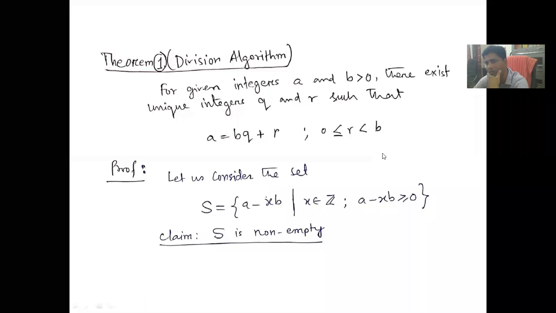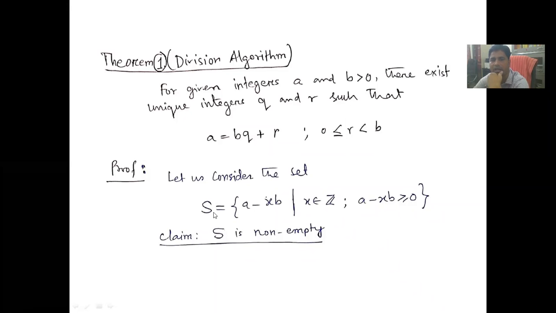So how will we prove this theorem? Let us consider the set S equal to a minus xb, x from Z, and a minus xb greater than or equal to 0, a non-negative integer.